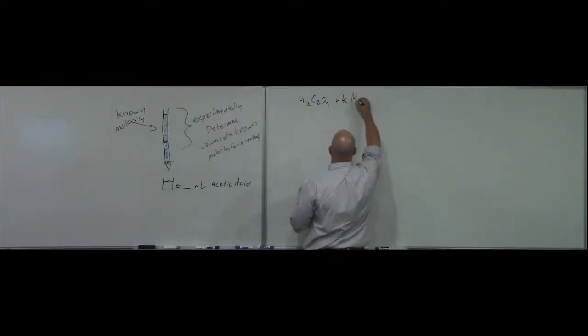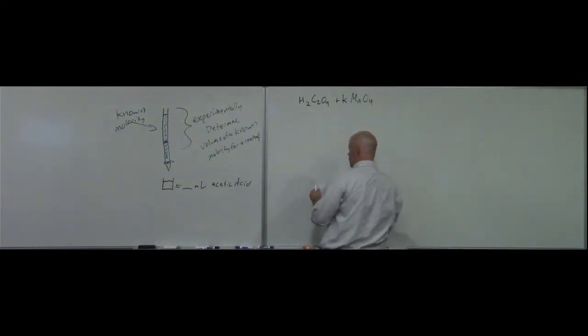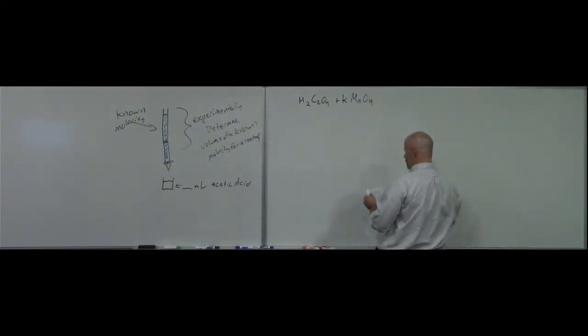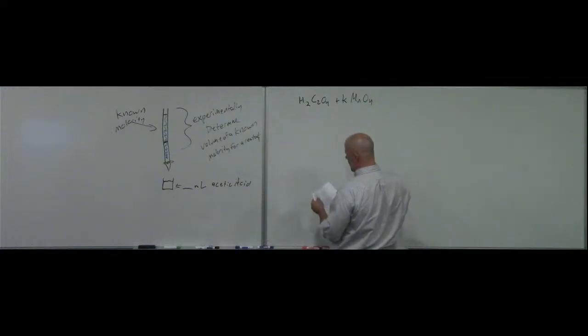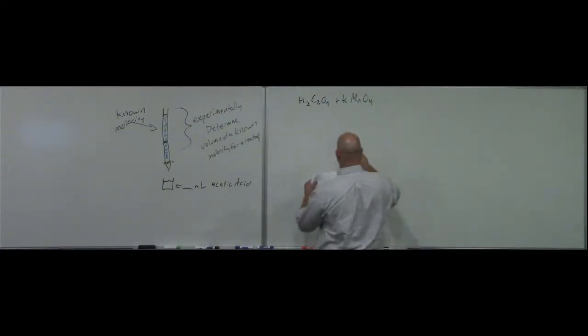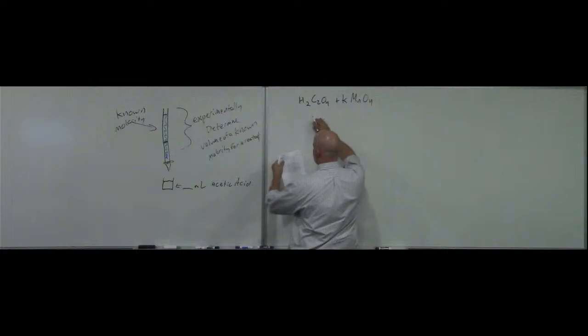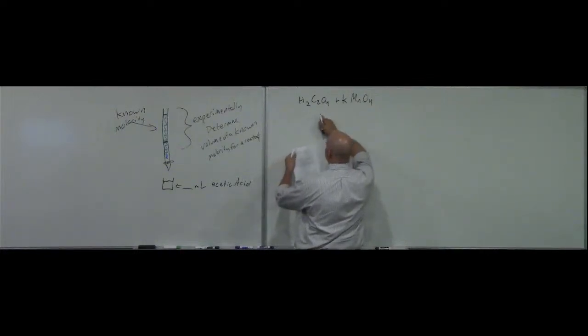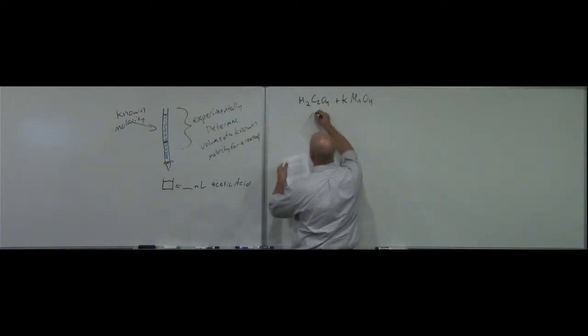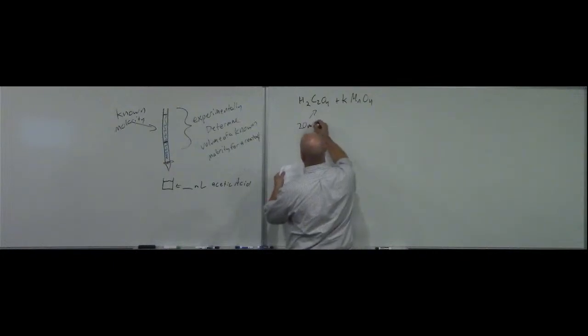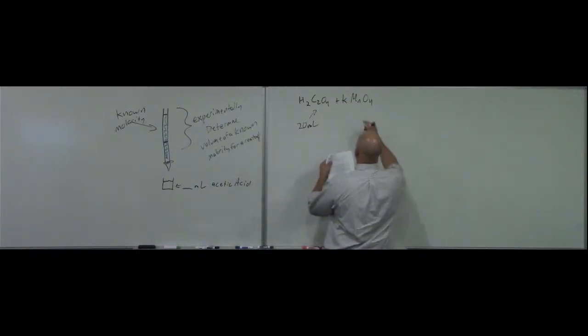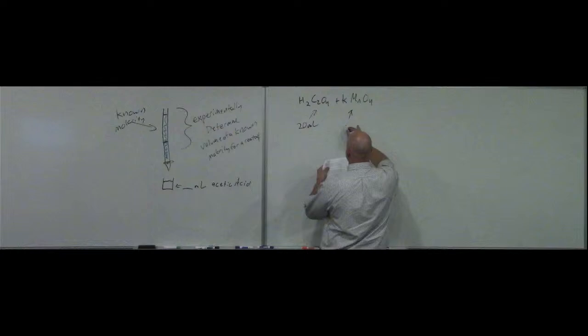That's KMnO4. It gives us the net ionic equation down below. It says we have 20 milliliters of this, and the molarity is 0.09113 molar.